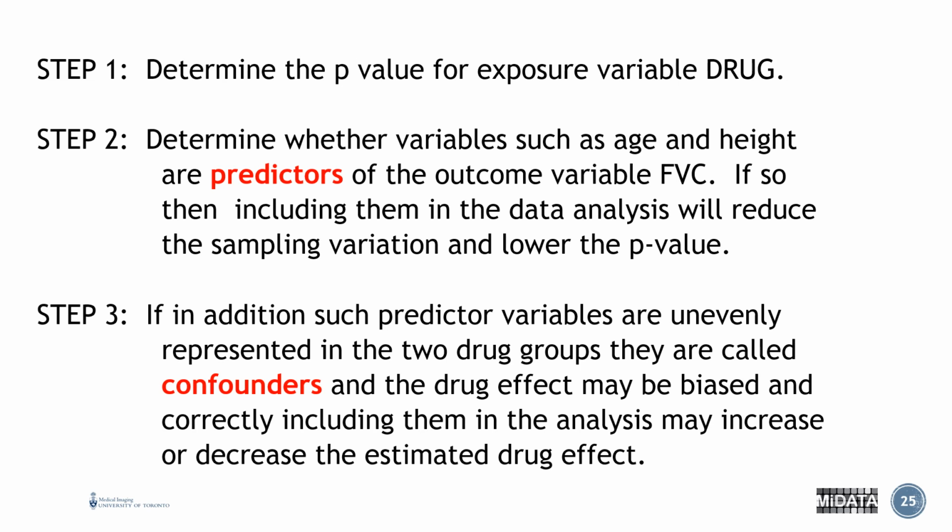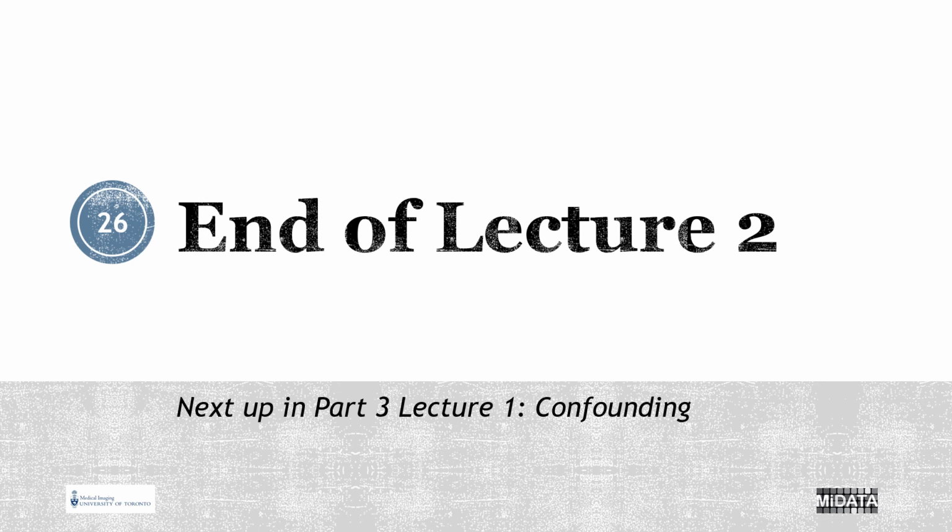Finally, in step 3, if in addition such predictor variables are unevenly represented in the 2 drug groups, they are called confounders. And the drug effect may be biased, and correctly including them in the analysis may increase or decrease the estimated drug effect. Okay, so that brings us to the end of lecture 2 from part 2.